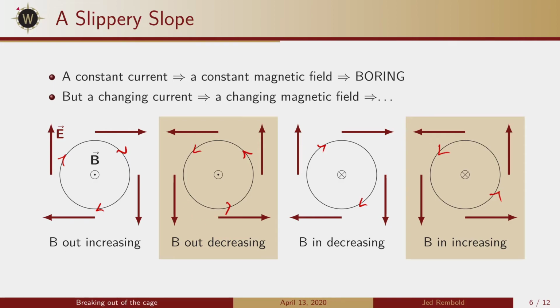Perhaps unsurprisingly, we're going to want to relate this back to right-hand rules at some point. Right-hand rule governs pretty much all things having to do with magnetic field. If my magnetic field is increasing, let me try pointing my thumb in the direction of increasing magnetic field. But if I do that, my fingers curl counterclockwise, which is not what we saw here. But it's actually the opposite of it.